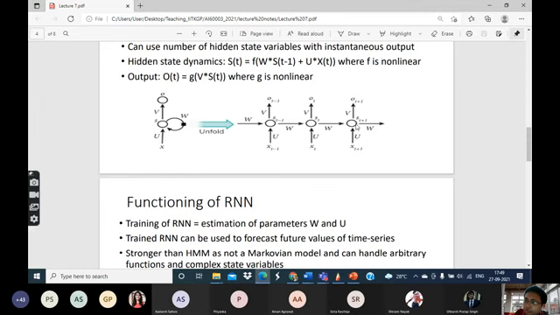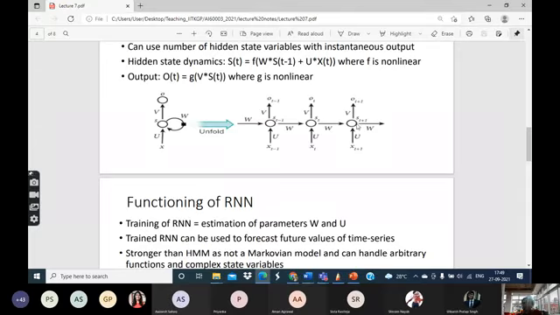Once you do the multiplication, you have to pass on the gradients to the previous time step. For that, again you do another round of multiplication, and then again another round, and so on. So you have to do a large number of them. Basically what you are doing is applying the chain rule of differentiation.